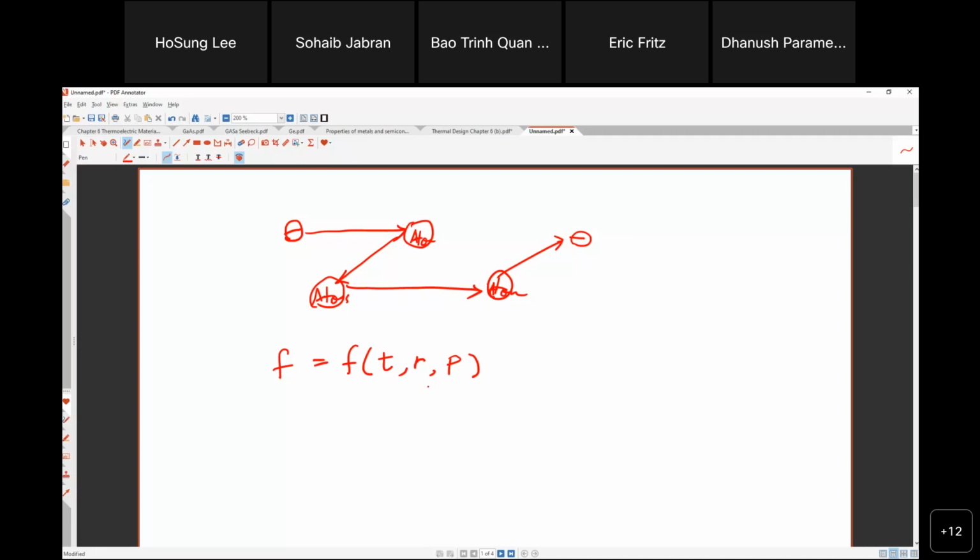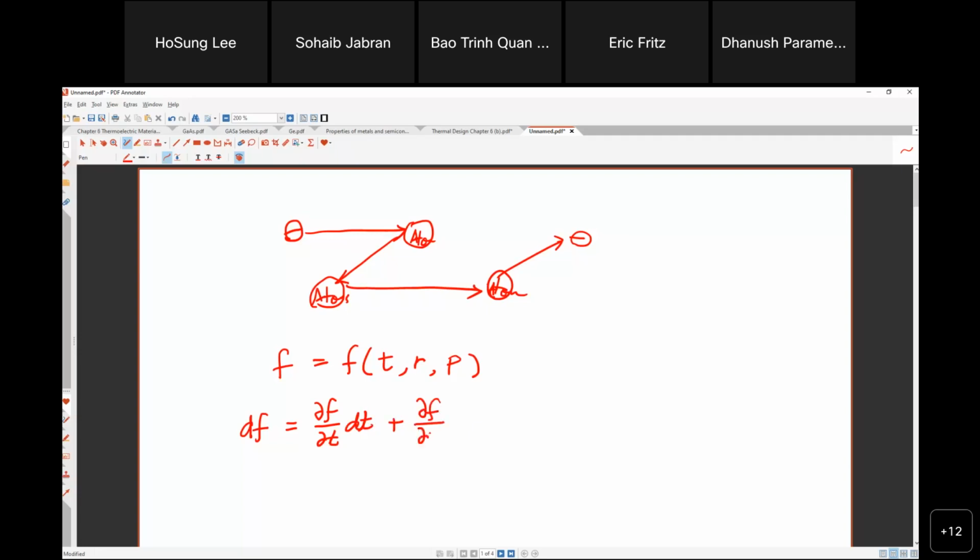and mathematically in differential form, we can say that in terms of partial derivatives. You might have a question why, but that's the mathematics.